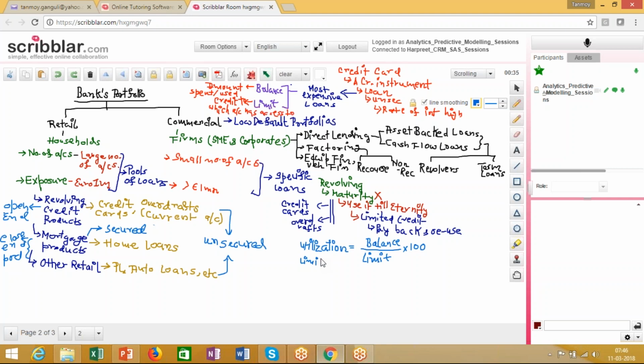Also, this guy has a card amount of 50K, right? And what this guy has done is he has used up around 20,000 on the card. So that is 20K.